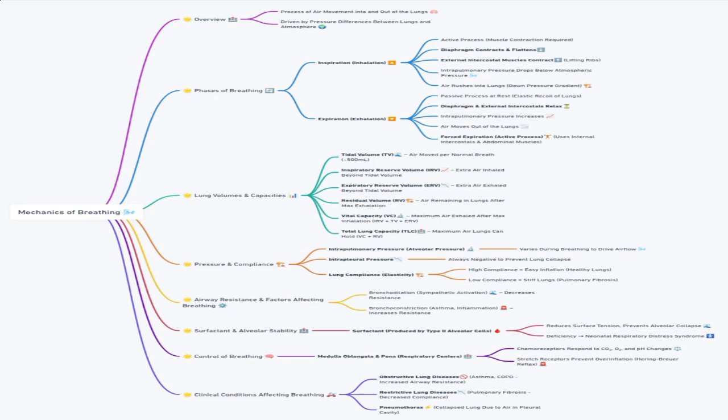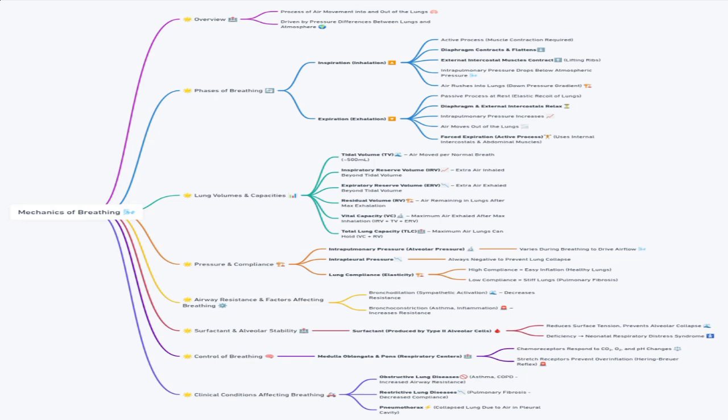So let's take eupnea. Eupnea is just a normal breathing rate and pattern, with the normal inspiratory and expiratory phases and the automatic pause.